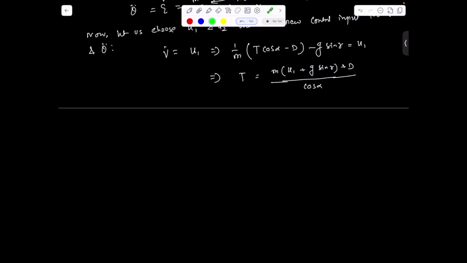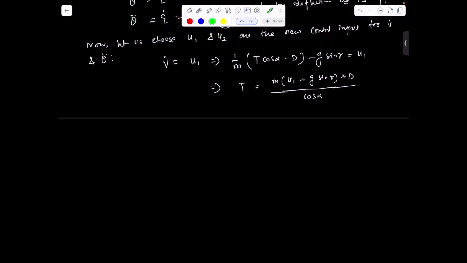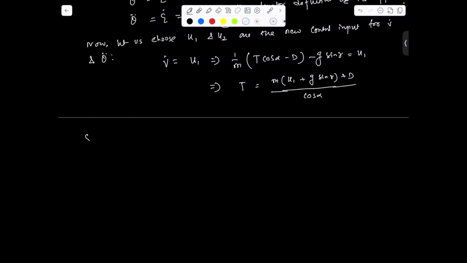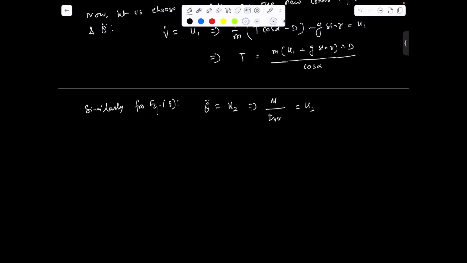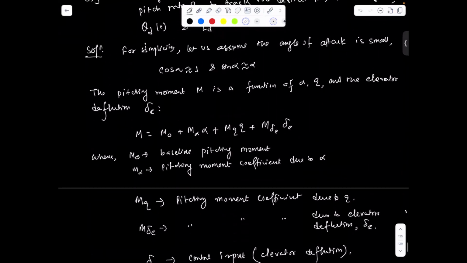Now we'll go to the third equation here. We'll design the control for theta dot, which is defined by U2. Similarly, for equation 3, we can write theta double dot equal to U2. From this, we can write M divided by I_yy equal to U2. As you already know, we have defined the expression for M here.